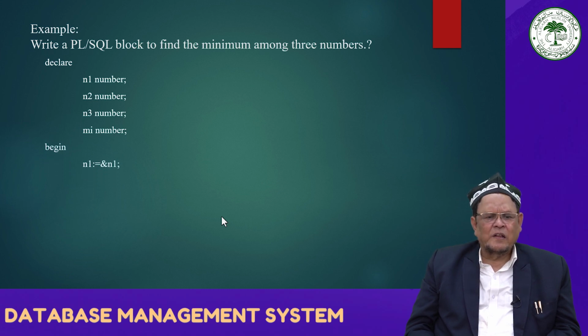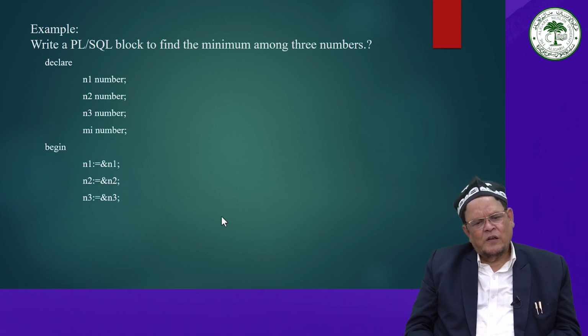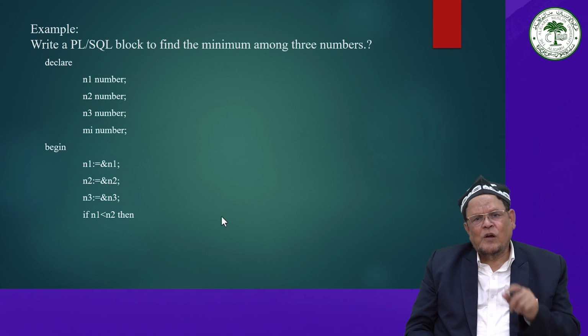Then you start BEGIN. n1 will store the first value, n2 the second value, and the value of the third number will be stored in n3. Then you have to check if n1 is less than n2.